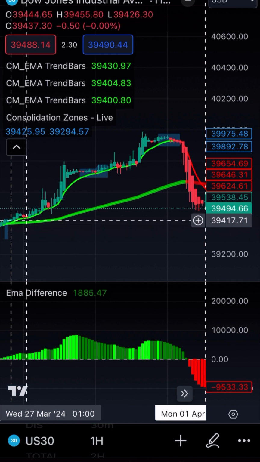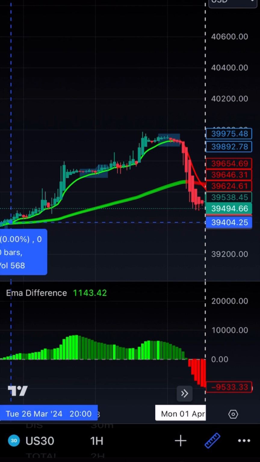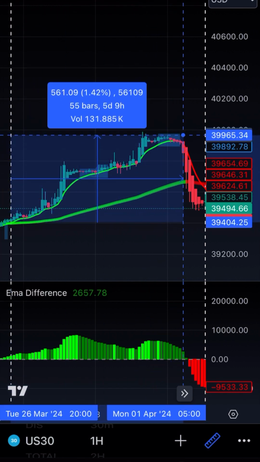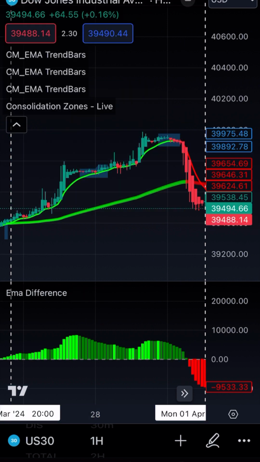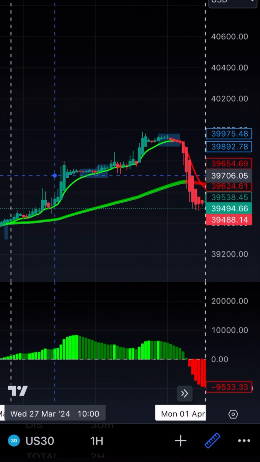So, first thing you want to take note is from the point of the cross, does it ever come back to this crossing point? It does not. For the most of it, you can ride the whole thing out from here to here to the end of it being on the 0 line. And you can make $531 in 5 days. Or, if you miss the cross, you can scalp these certain areas here.